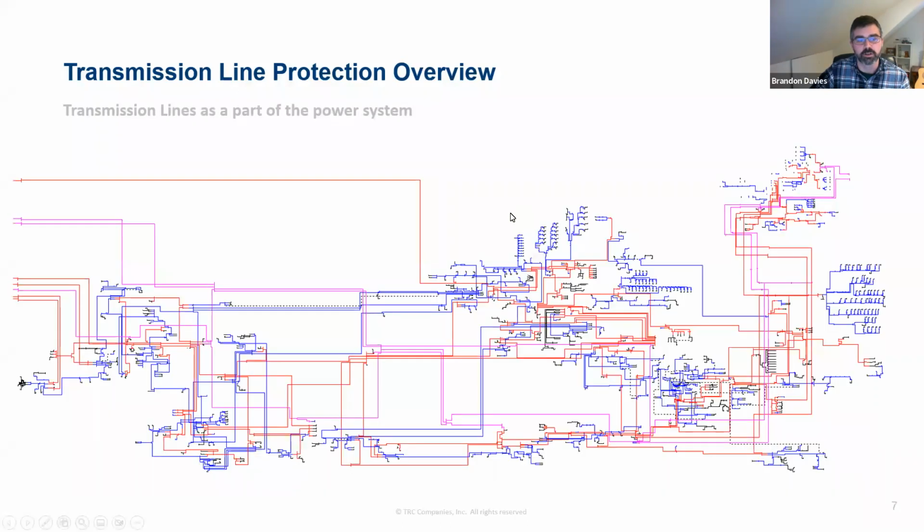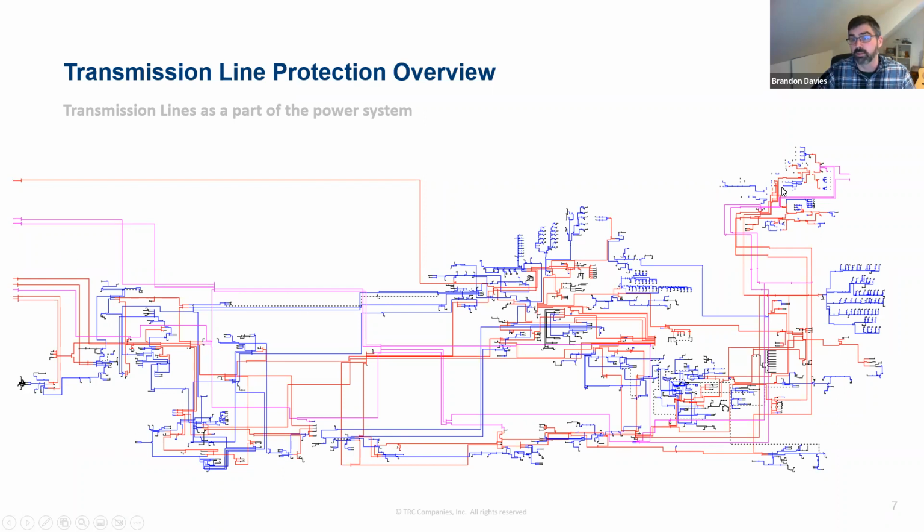So if we take a look, this is a very zoomed out view of the ISO New England Aspen model. And this is Maine. So you can see here, it's obviously very hard to read and see what it is, but all of these pink colored lines here are representing our 345 kV system coming from northern Maine through Maine and eventually heading out down here towards New Hampshire.